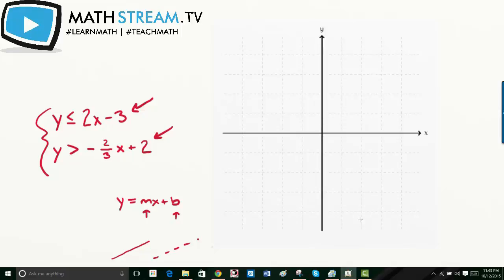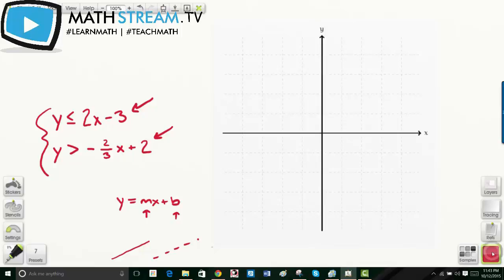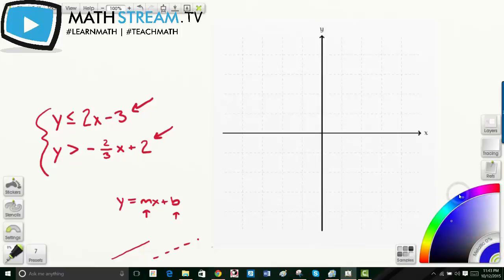Let me get a different color here. We'll do blue, and I'm going to graph this first inequality. I know that the y-intercept is -3, so I go down 1, 2, 3. This is the y-intercept. The slope is the coefficient of x, 2, which means we go up 2 and over 1.